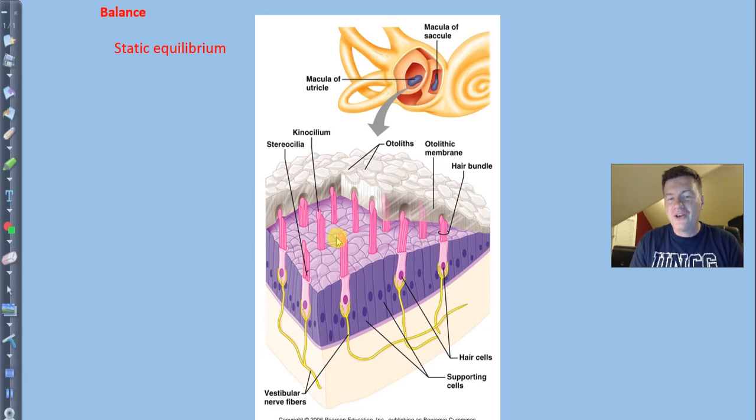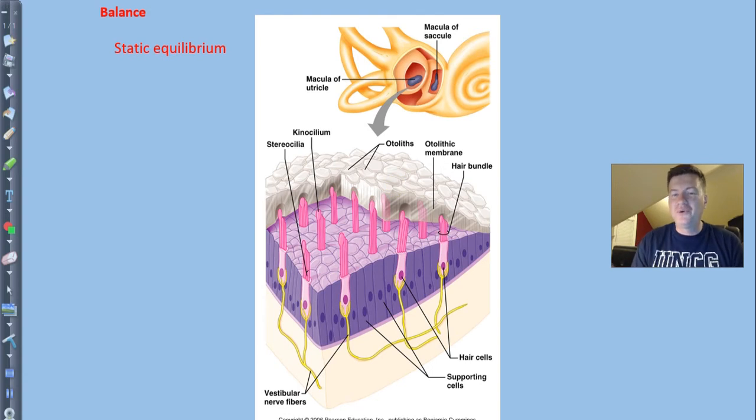These are hairs that are sticking up from this supporting gel, and each of these is actually attached to a nerve fiber. So essentially, if this membrane moves at all, it's going to push the hair cells one way or the other, and that's how your body knows what your head's position is.